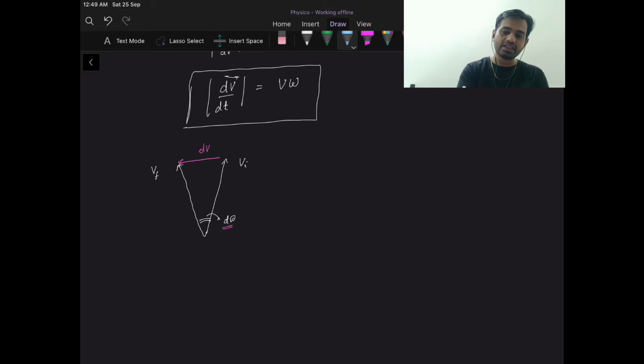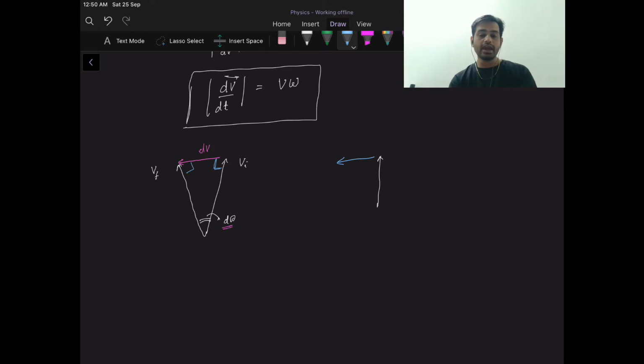Then this angle is approximately equal to 90 degrees and this angle is also approximately equal to 90 degrees. So what is the direction of dv? The direction of dv vector will be perpendicular to the initial velocity vector.